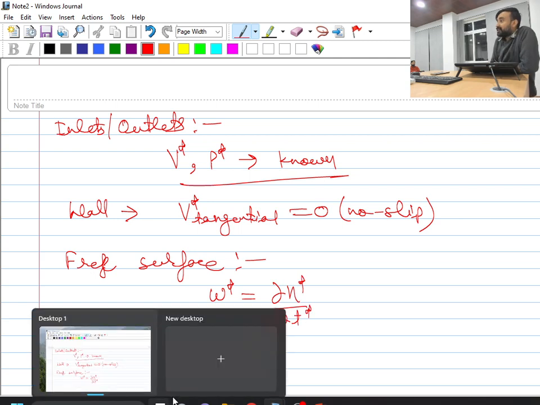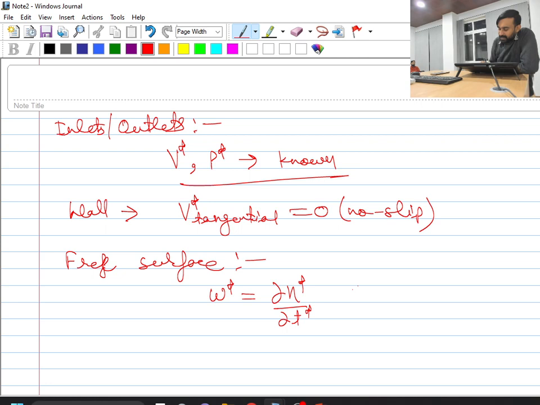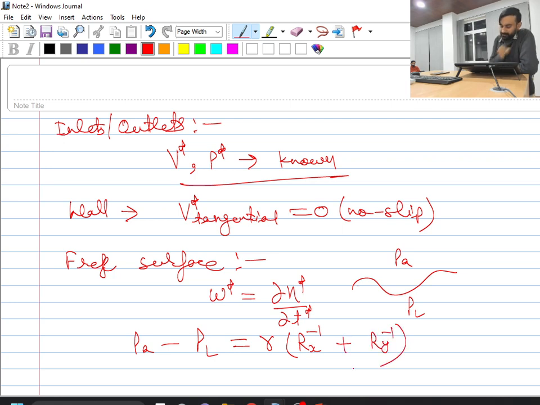And what was the second important condition? If I have a free surface, where our pressure is say PA, and here the pressure is P liquid, then P air minus P liquid has to be balanced by the surface tension force, which is equal to sigma times the mean radius of curvature, that is 1 by Rx plus 1 by Ry. Okay. So this was the pressure boundary condition.